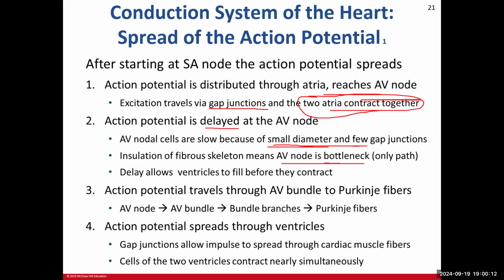And so once we move from the AV node here, now we're going to move our action potentials from the AV node down to the Purkinje fibers. So they'll go from the AV node to the AV bundle, and then that bundle will split into left and right bundle branches. And then we get down to the apex of the heart, and that's where we form our Purkinje fibers.